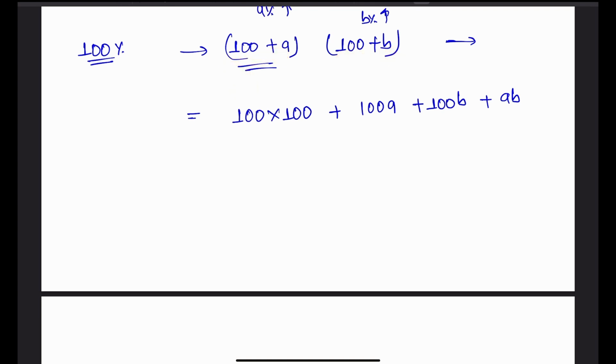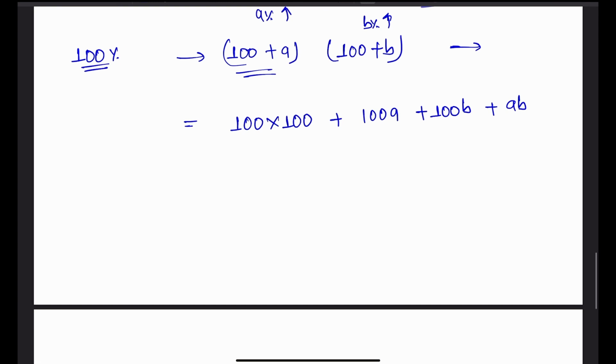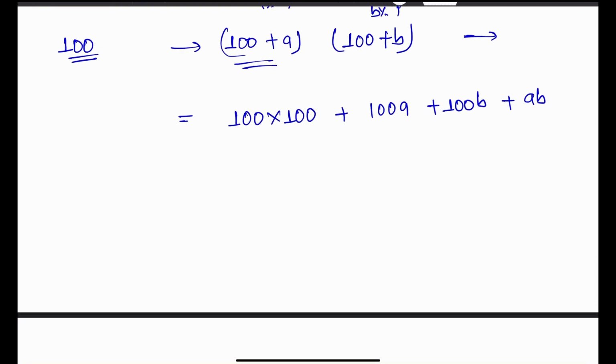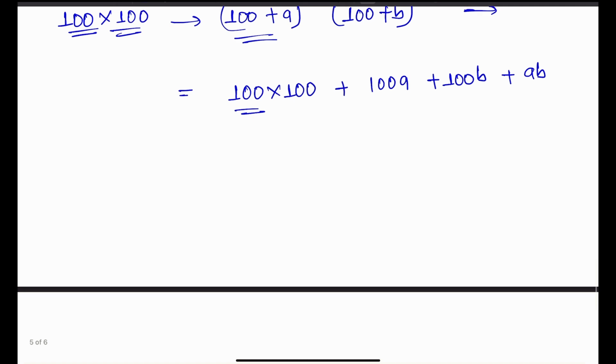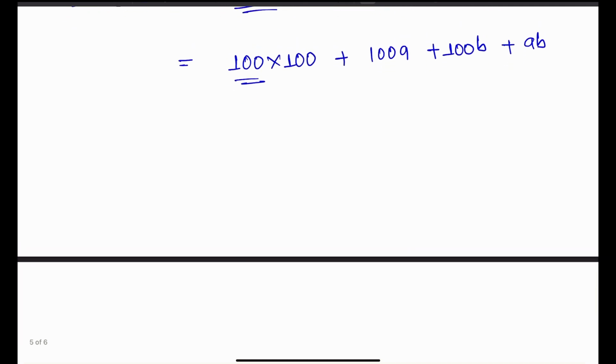So our initial will be again 100 into 100. Initial was this one, finally it became this one. So what will be our actual difference? The change, delta, is 100a plus 100b plus ab.